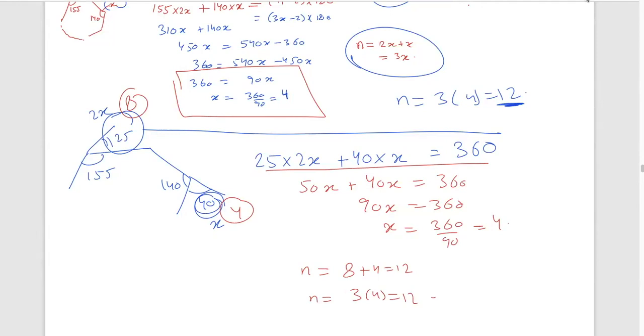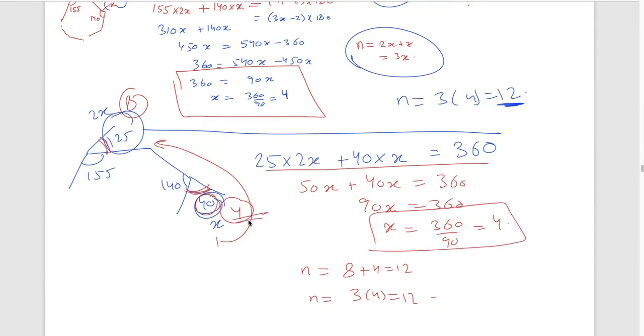Wait, could you explain the part where we added 8 plus 4 again? Yeah, sure. We had some angles which were 40. We have some angles which were 25. Those which were 40 are one time or half of those which were 25. So we just got the value of x, which is 4.